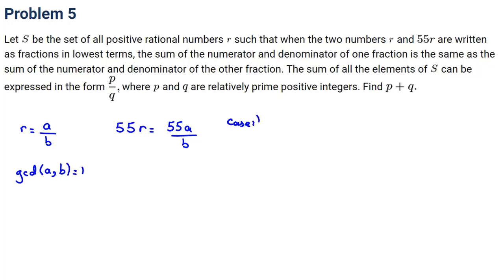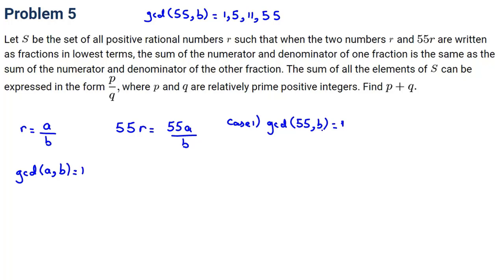So case 1, if GCD of 55 and B is 1. Let me tell you all cases. GCD of 55 and B, because 55 is 5 times 11, it can be 1, 5, 11, 55, because it should be a divisor of 55. We should consider 4 cases.